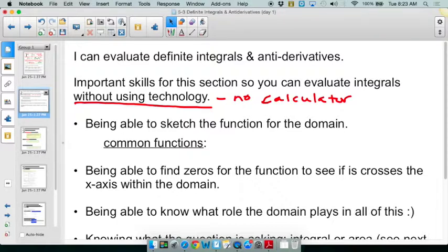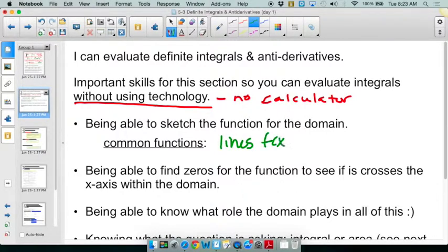Okay, being able to sketch the function for really common functions. Give me some really common functions. What functions are easy to sketch? Okay. X. Yeah, let's stick with lines first, right?